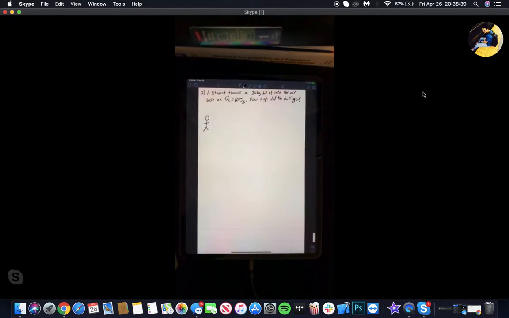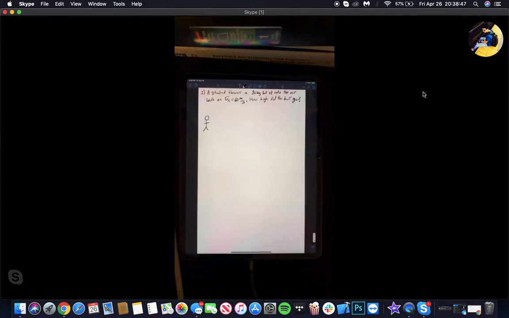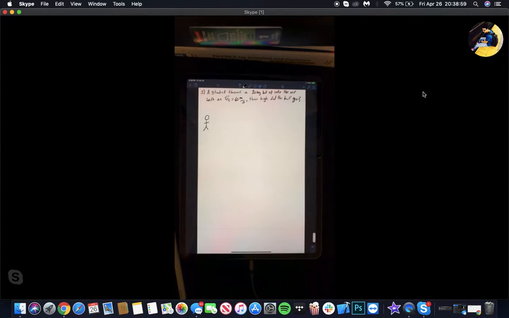How would you know it's energy? A student throws a ball, meaning you have some type of potential energy and also kinetic energy. They gave you a velocity, and they're asking you how high the ball went. They're looking for an H, and you know that potential energy has an H.